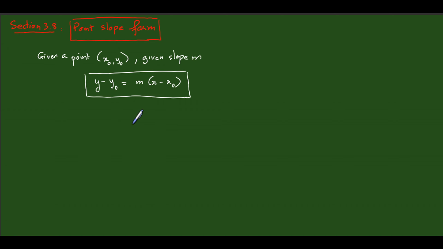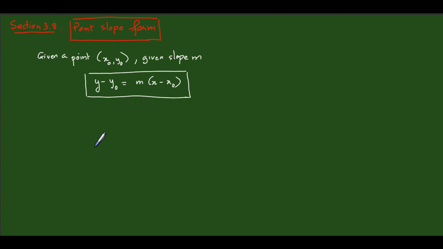I have to say that for either form, slope-intercept form or point-slope form, you must have a point and the slope. So over here, m is the slope. y0 and x0 is a point, which is one of the members of the y variable. y0 is a member of the dependent variable, and x0 is one of the members of the x variable.